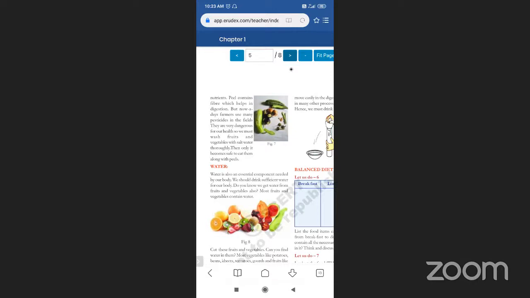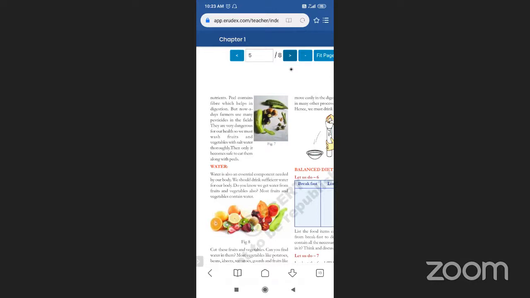So better, all of you try to eat the carrot raw, not boiled. When you boil it, it automatically loses some of the proteins, vitamins, everything. So better try to eat it raw.